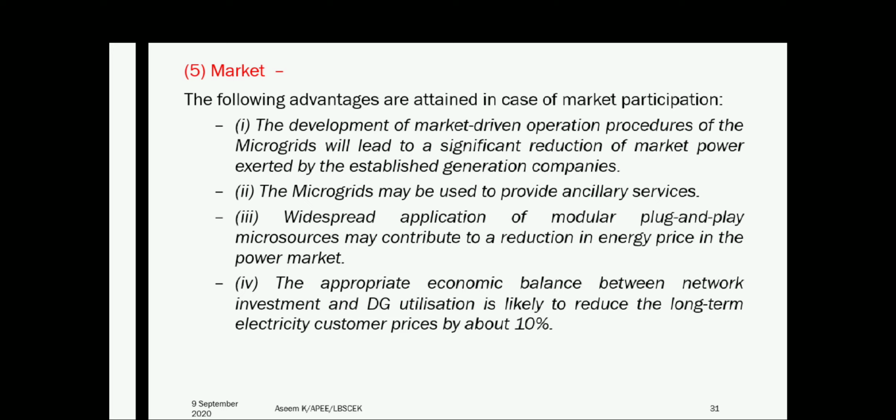They also sell power to the customers or utility, so there will be many such market participants, and naturally there will be competition, so that they will forcefully reduce the electricity price. So that is one of the advantages in case of a microgrid.